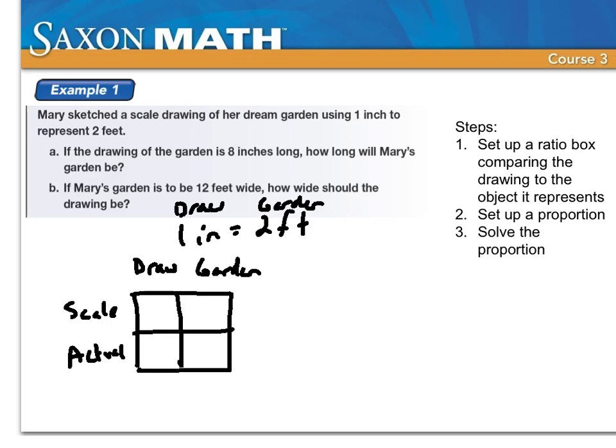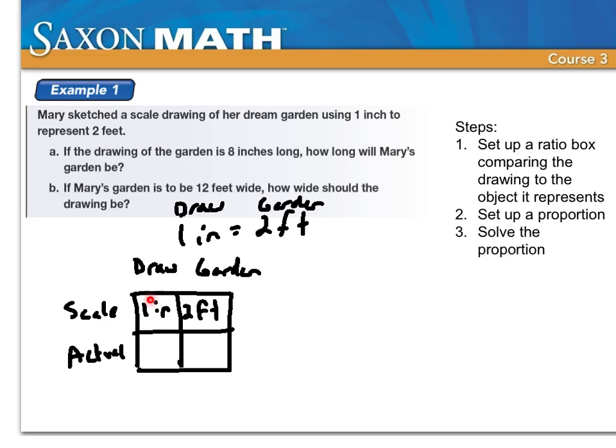We know that 1 inch on our drawing represents 2 feet in our garden. That's the scale. 1 inch in the drawing represents 2 feet in the garden.